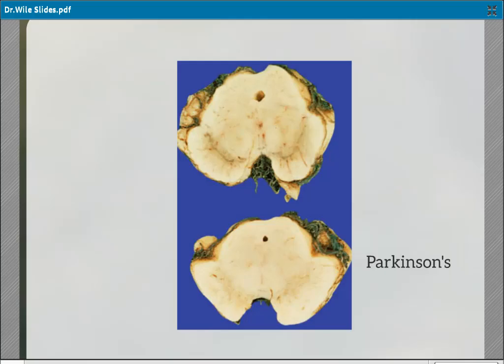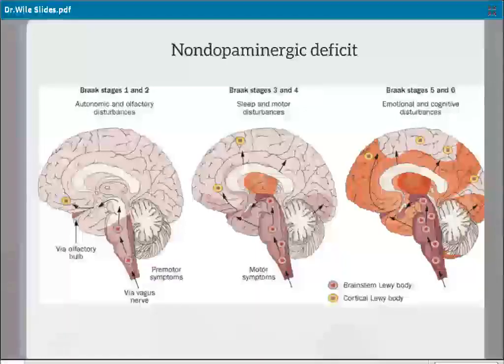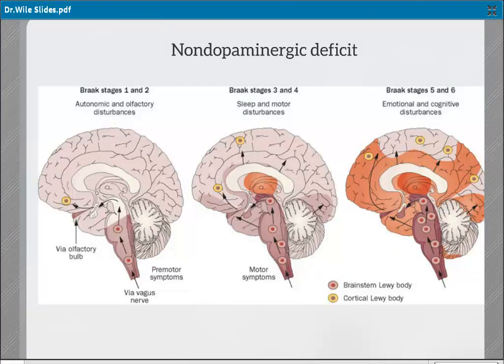So the midbrain, you'll see in this picture, is affected in stages 3 and 4. So that's when there's problems with the dopamine cells because they live up here in the midbrain, not down here. And when you have problems with the dopamine cells, they can't control the movement computer, and you start getting motor symptoms like problems with tremor, stiffness, slowness, etc.